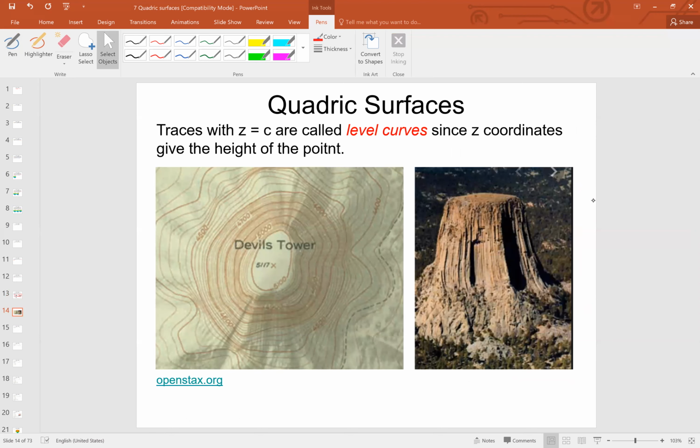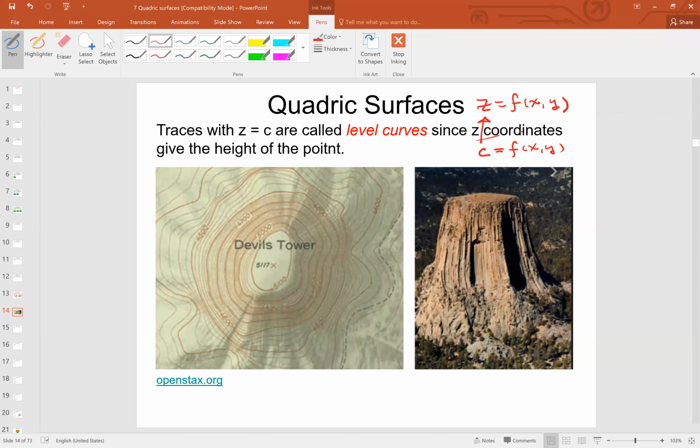And if I have a function in the form z equal to f of x, y, then I can set z to be different constants. When I set z to be c, I get an equation in x and y.